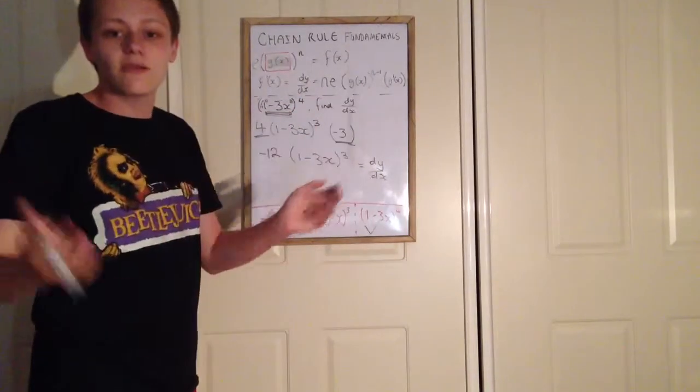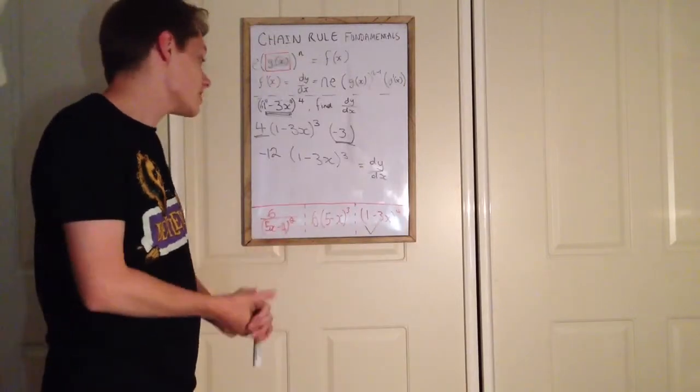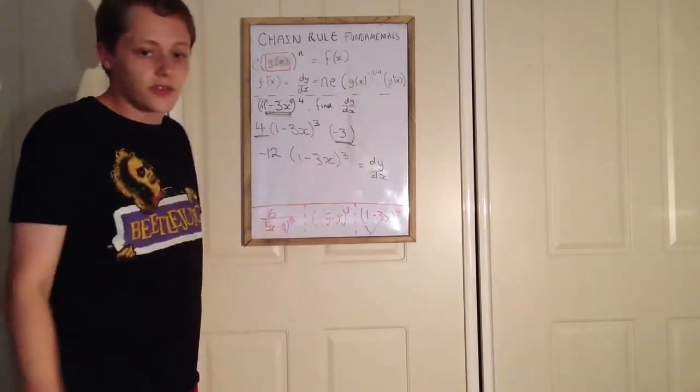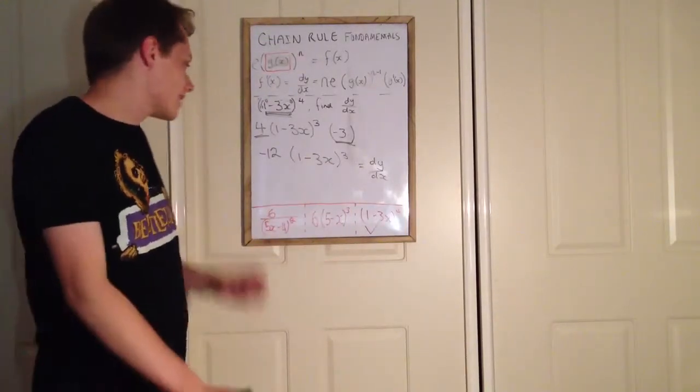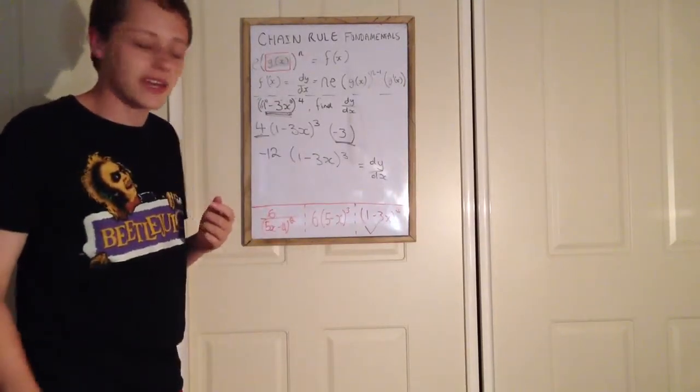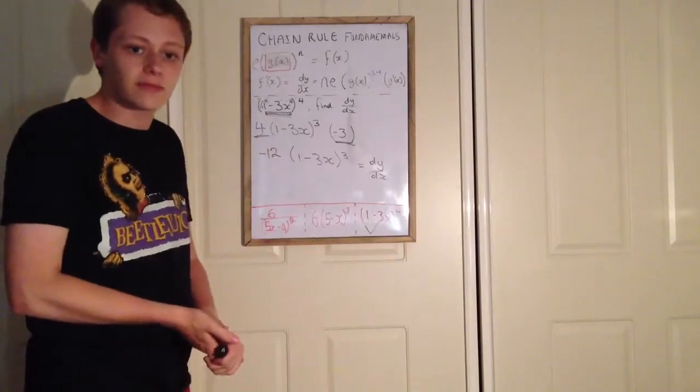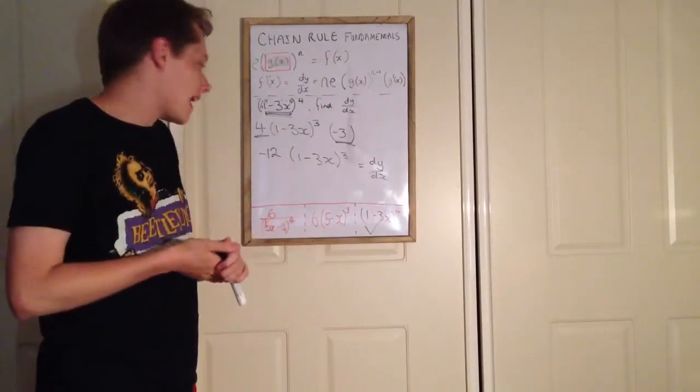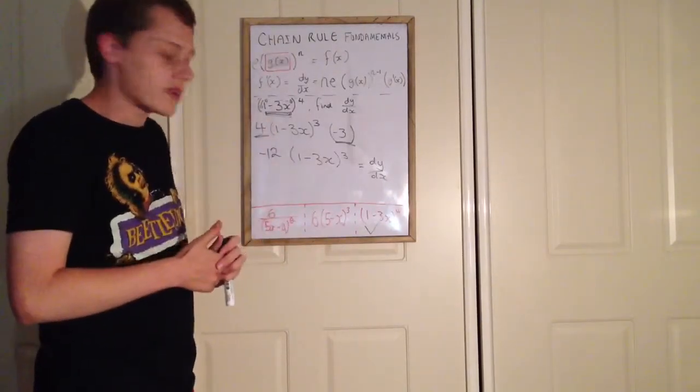Now subtract 1 from the exponent, nice and easy, and then I found the derivative of the last term and multiplied it. And again, if you ever have those kind of numbers there, it's nice to simplify. It makes things easier, and we have the derivative.